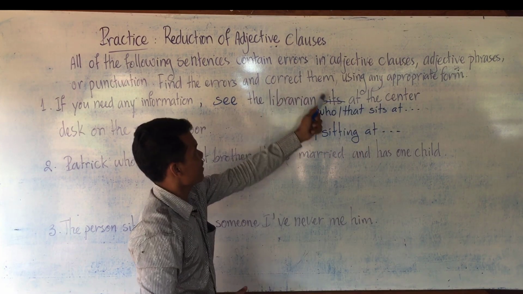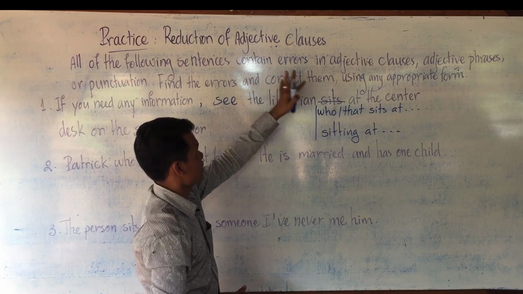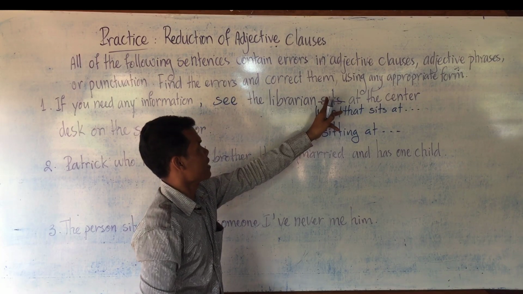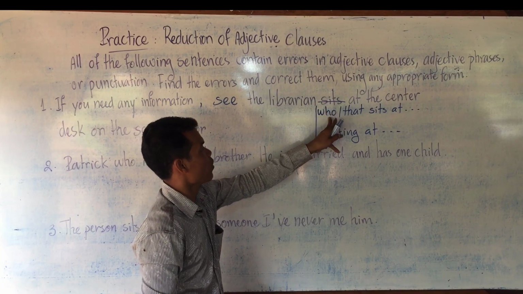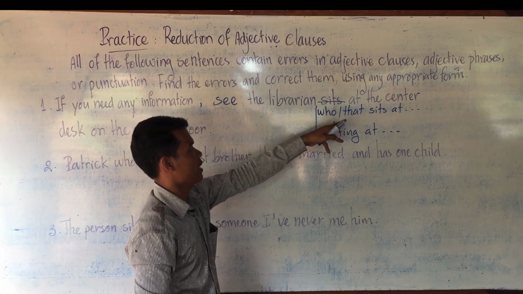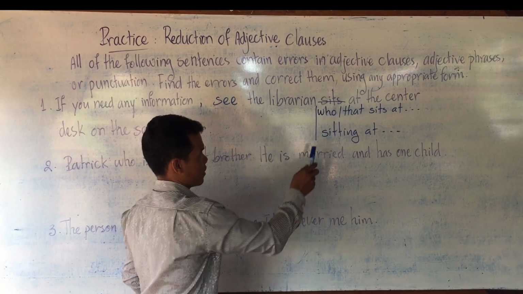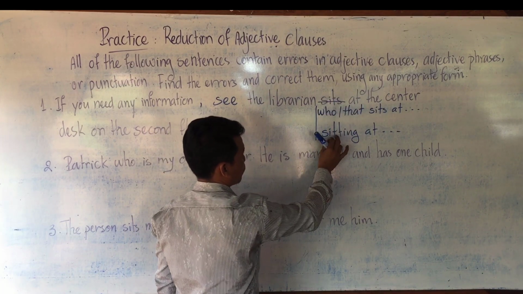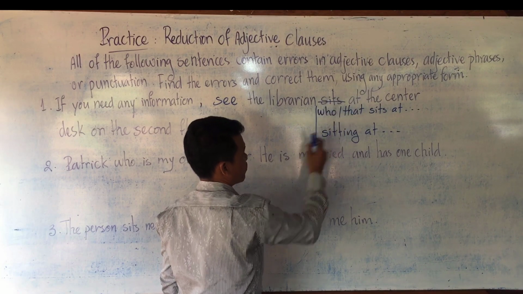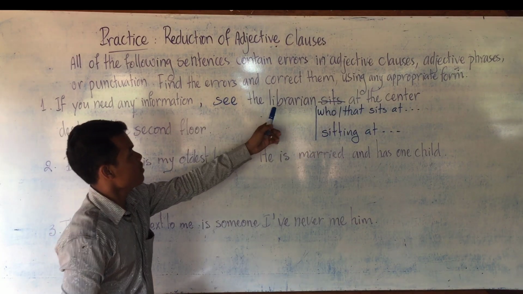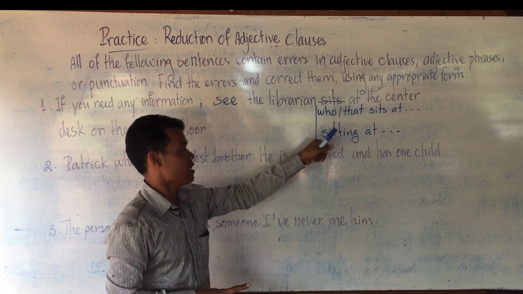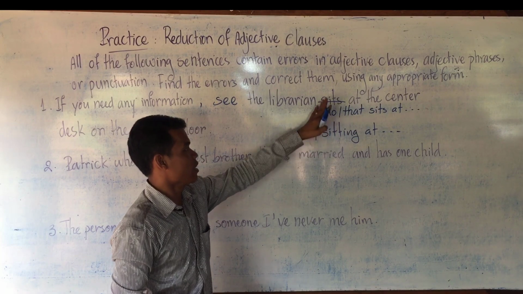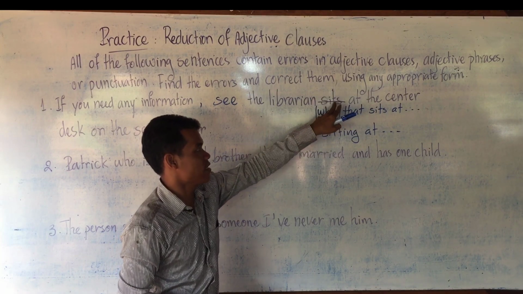So the error is that sit. In order to correct this error, you have to delete sit, but use who or that, because who or that here functions as a subject. Or no need to use the relative pronoun, but you only change sit to sitting. So this sentence we have 2 ways of correcting it. One, you use a relative pronoun like this, and number 2, no need to use a relative pronoun but change sit to sitting.